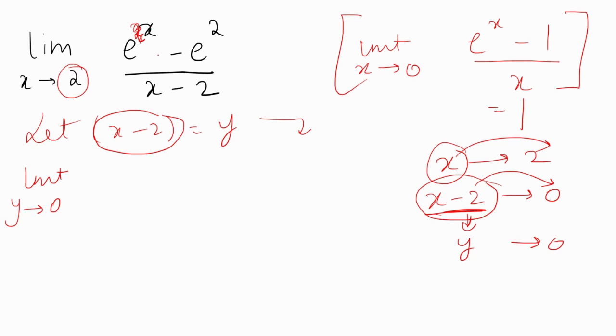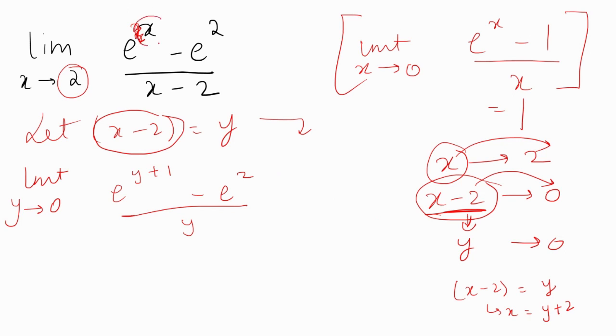So, e to the power x. What will I write? e to the power y plus 2 minus e to the power 2, divided by y. How did that happen? Understand over here. If x minus 2 is approaching 0, that means y is approaching 0. So what am I doing? Let x minus 2 be equal to y, which means that x is equal to y plus 2.